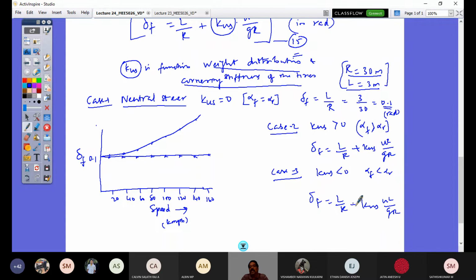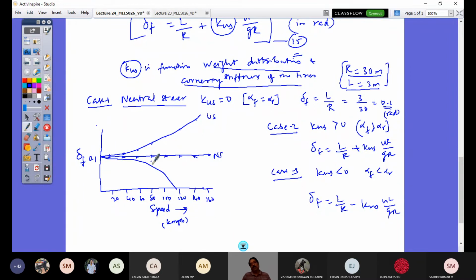Since it is minus here, as the speed increases, what would happen? The requirement of steering angle would be subtracted from this 0.1 radians requirement for a neutral steer vehicle. That variation would come something like this, and it is going to intersect somewhere here.